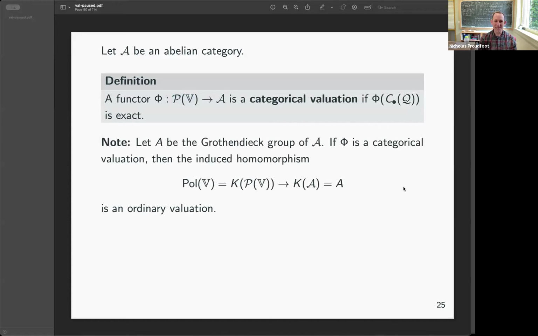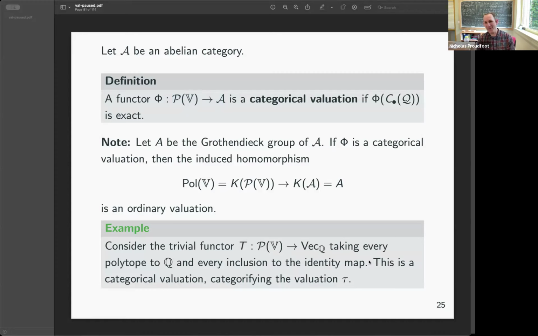And let me just note that if I have a functor between these two categories, then I have a homomorphism between their Grothendieck groups. And the Grothendieck group of this category is just Pol V, and the Grothendieck group of this category is some abelian group A. And saying that this functor is a categorical valuation implies that the map on Grothendieck groups is an ordinary valuation.